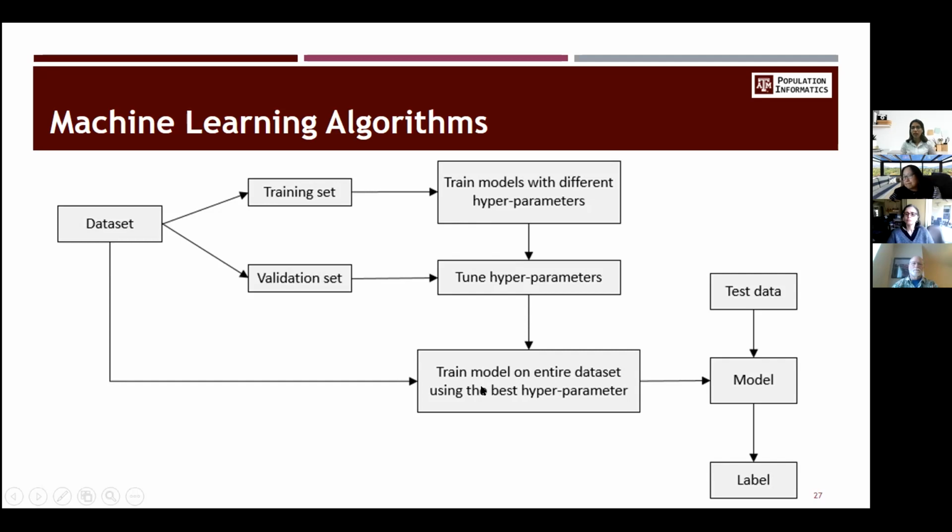After that, we train one more time on the whole data set, using the best hyperparameters that we get from here to generate our final model. Then we can evaluate this final model using the test data, which are the data that we didn't see during the training.